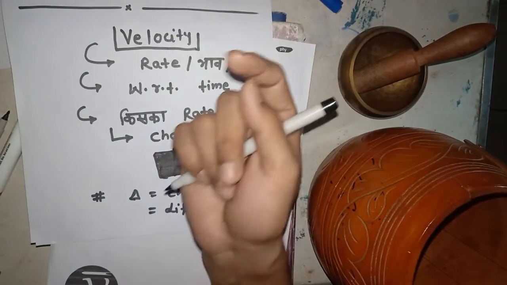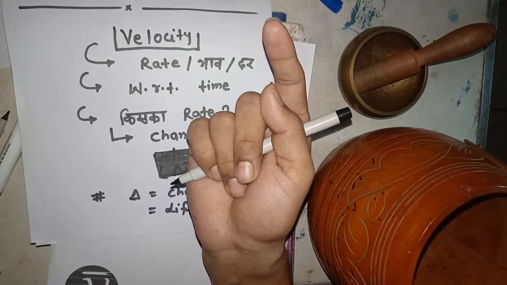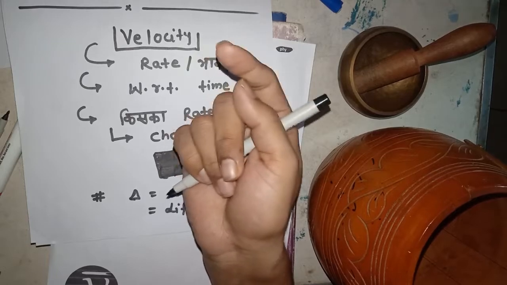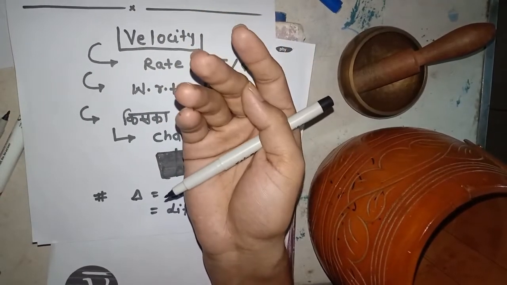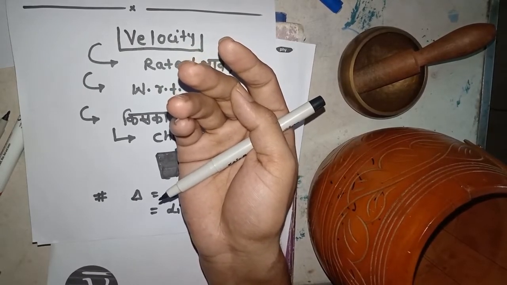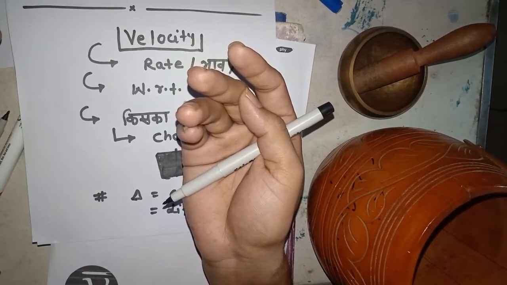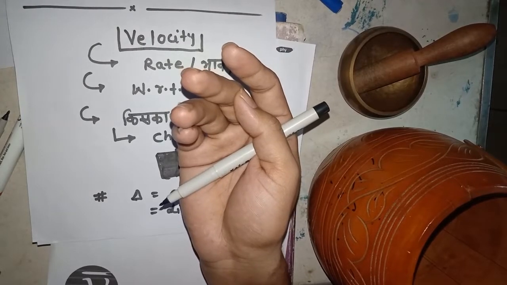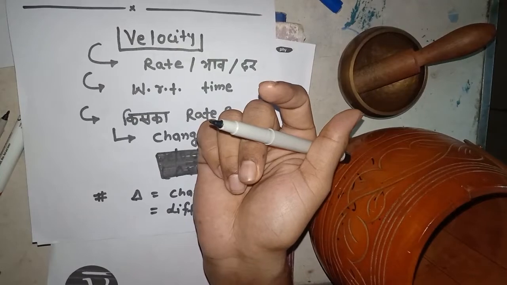But rate means in 1 second. So my value is 5 by 2 meter per second, meaning in 1 second I travel 5 by 2 meter. Have you got my point?